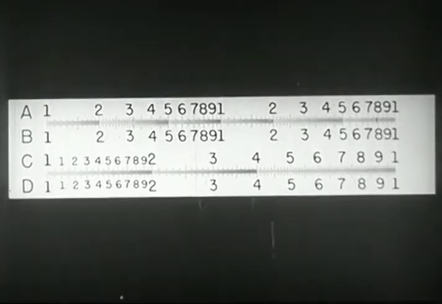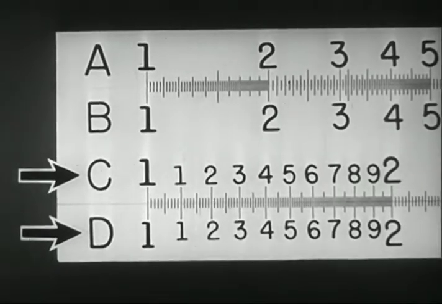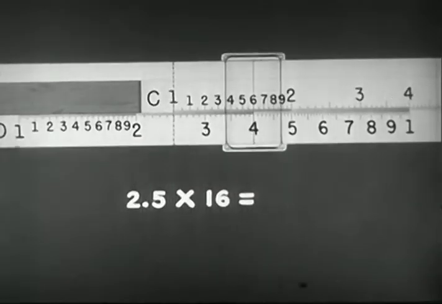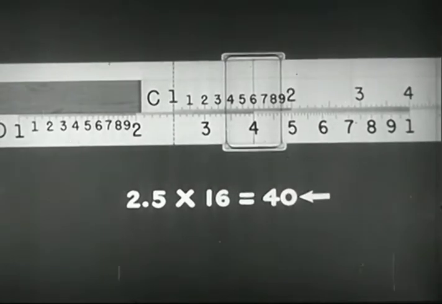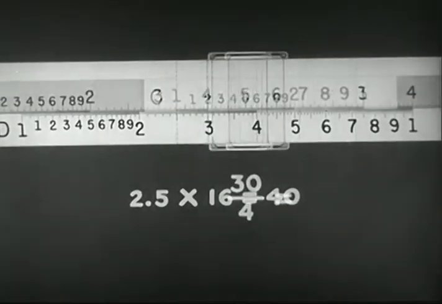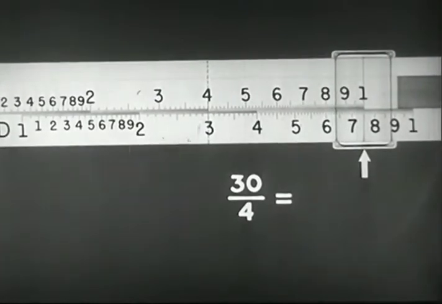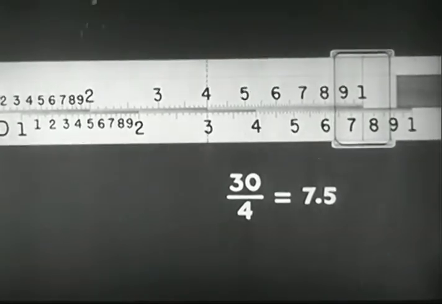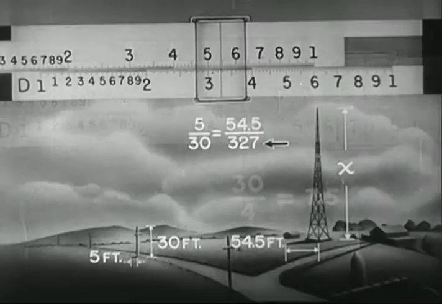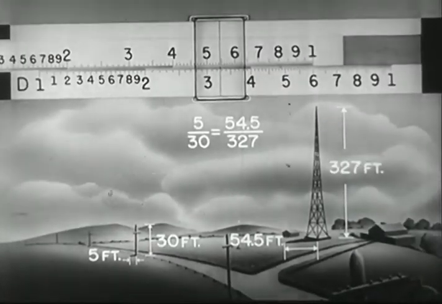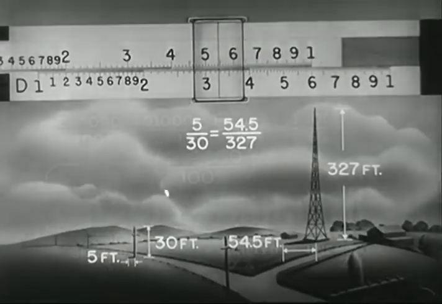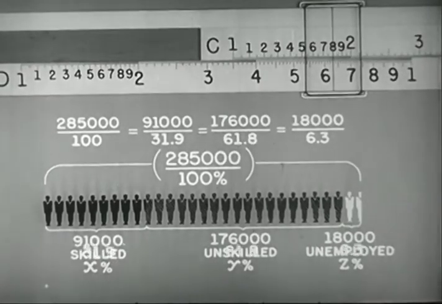Careful practice is essential to using the slide rule with speed and accuracy. But facility with the C and D scales makes possible the ready solution of problems in multiplication, division, proportion, and percentage.